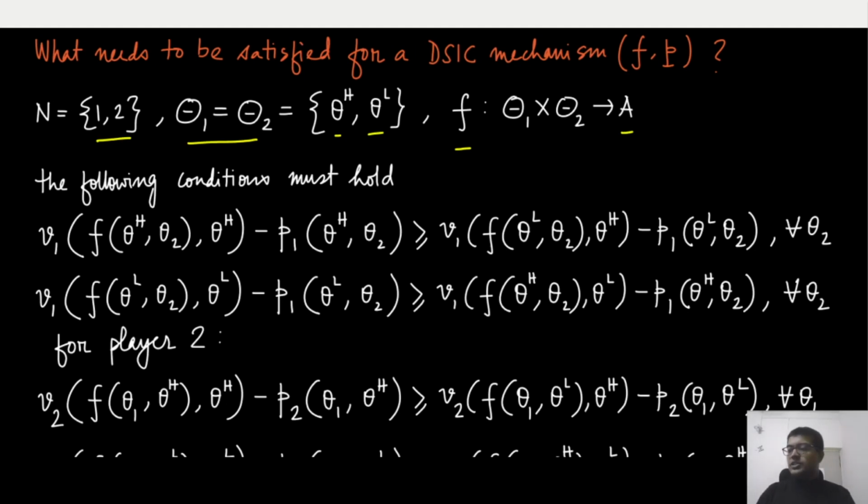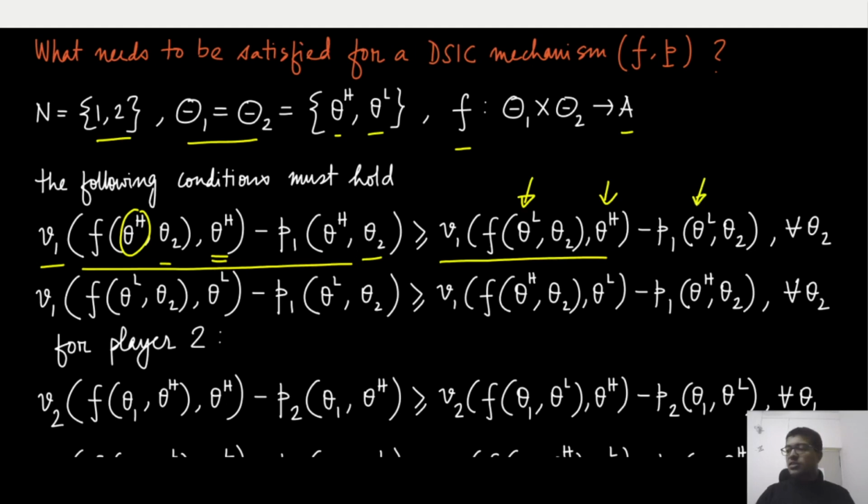The first expression says that the value of player 1, when the player has the type theta_h, and when he also reports this type truthfully, that is theta_h is what he is reporting, and player 2 is reporting any theta_2, then the net payoff that player 1 gets is at least as much as the same expression when the same player has the true type theta_h, but he is actually misreporting theta_l.